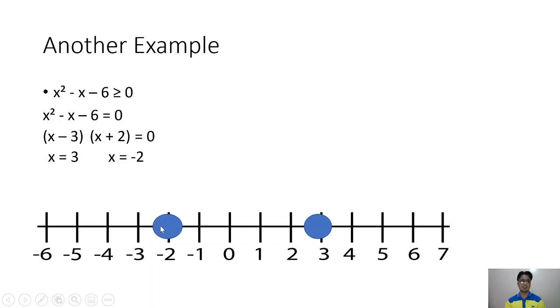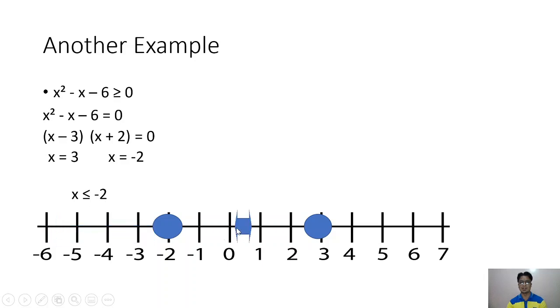Kung napansin natin yung circle na ginamit ni Sir, solid. Bakit? Kasi yung inequality symbol natin, merong guhit sa ilalim or equal to. So, hindi dapat butas ito. Again, we have here now the 3 regions. Sa kabila, ang value ng x natin, less than or equal to negative 2.